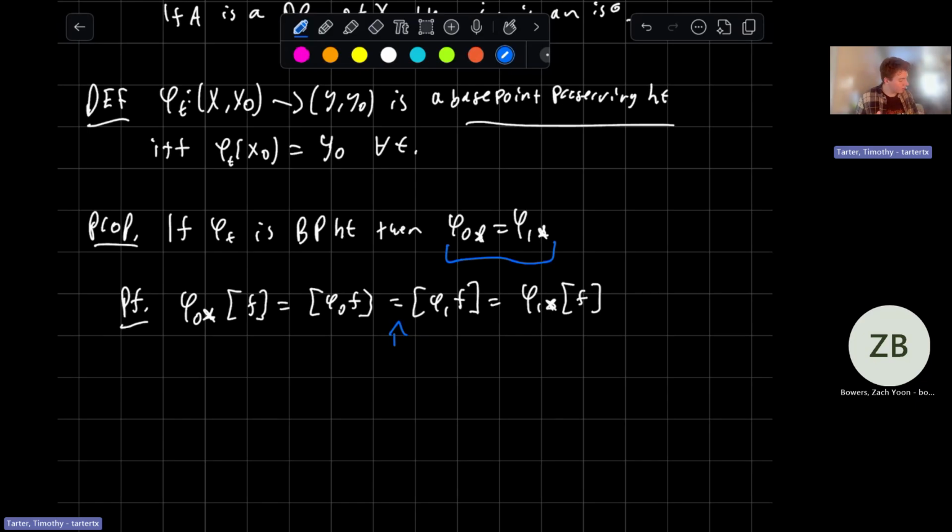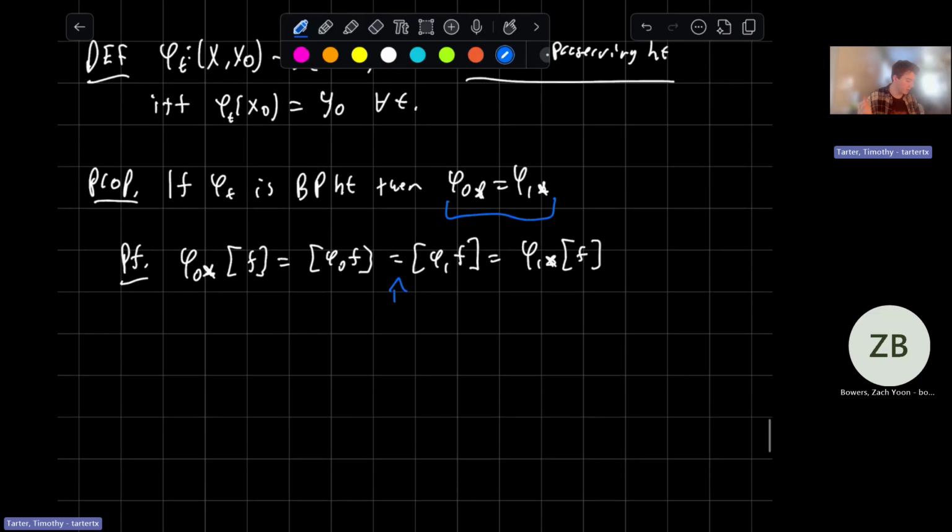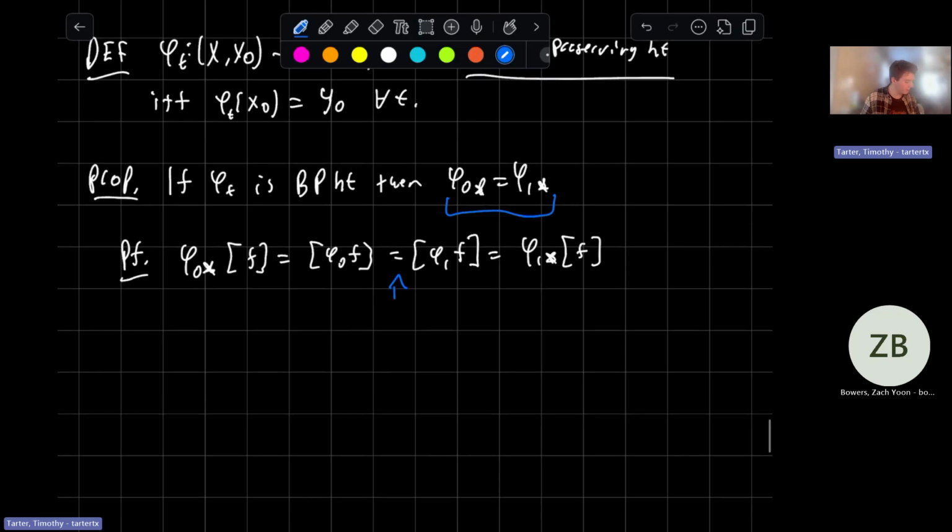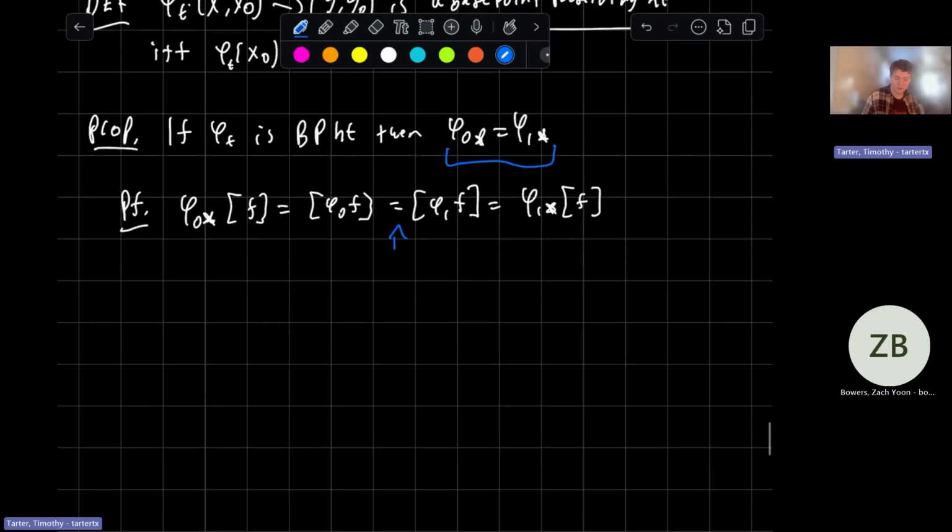There was a notion of homotopy equivalence for spaces with base points. This is formally isomorphisms in the category of homotopy spaces.